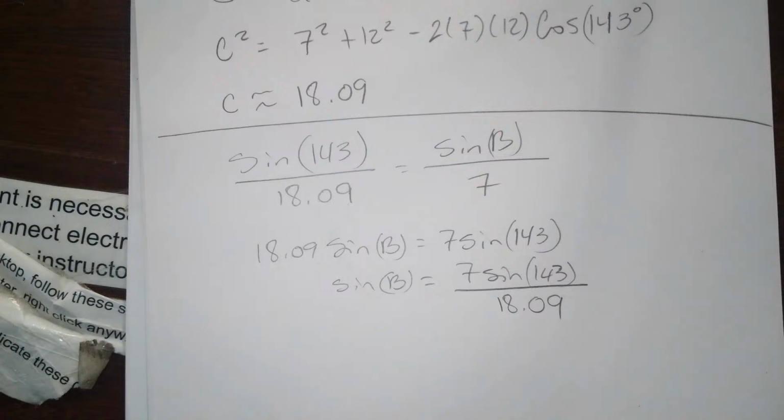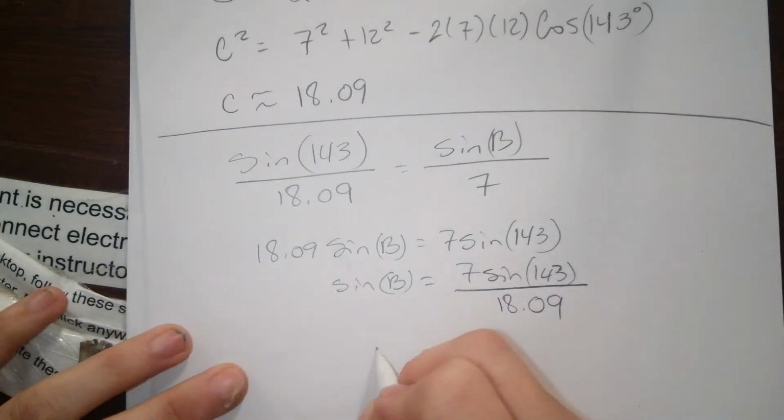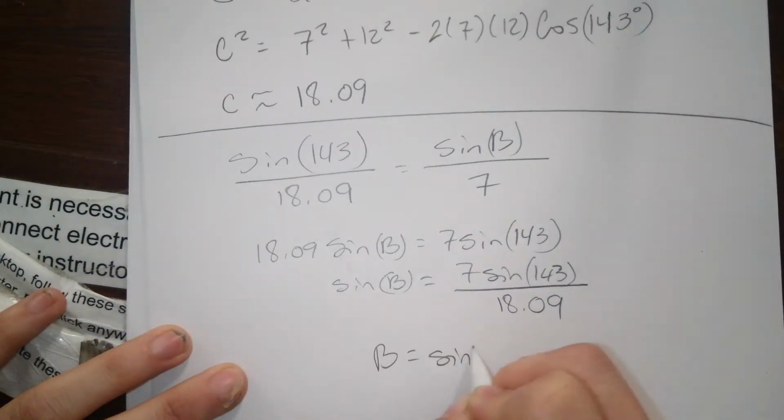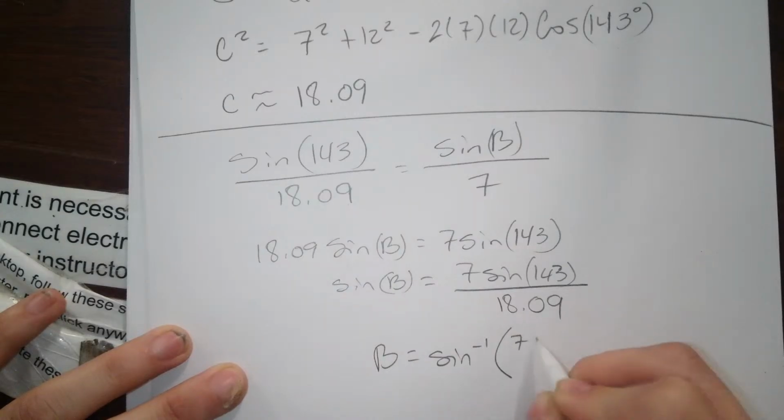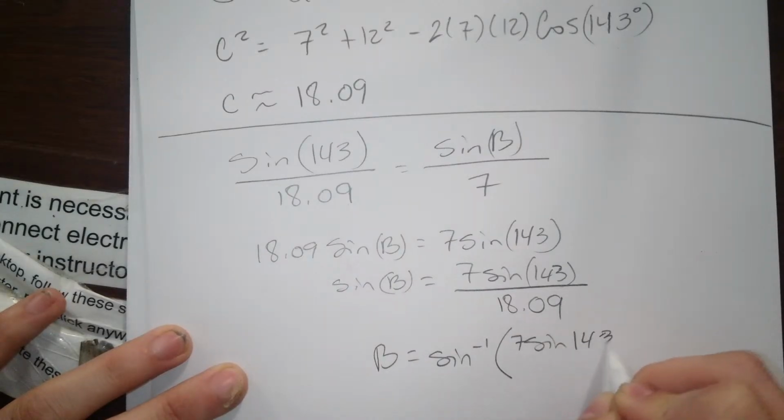And now you see inverse, right? I'm looking for the angle. I need angle B. So to get rid of sine, I use the inverse. So B is equal to sine inverse of 7 times sine of 143 over 18.09.